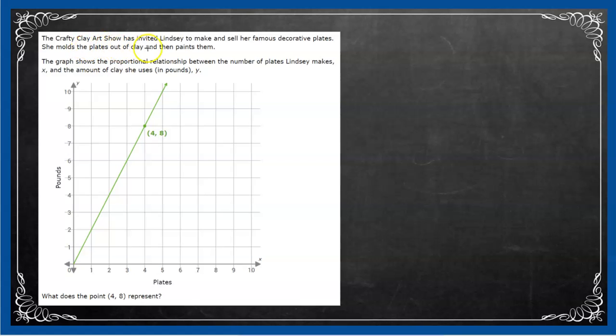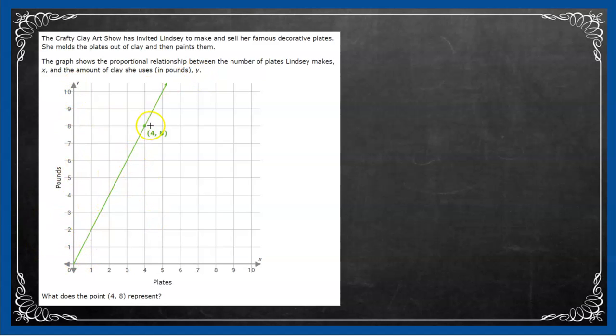It says the Crafty Clay Art Show has invited Lindsay to make and sell her famous decorative plates. She molds the plates out of the clay and then paints them. This graph shows a proportional relationship between the number of plates she makes, x, which is this down here at the bottom, and the amount of clay she uses in pounds, which is our y-axis right here.